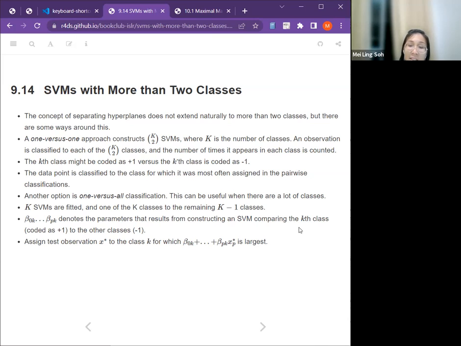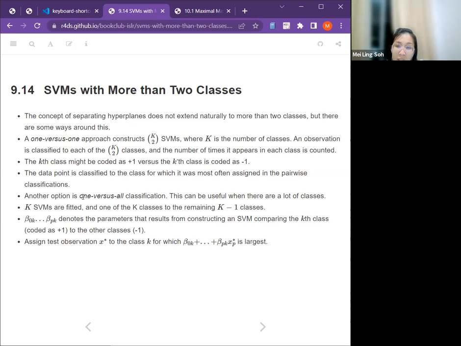K is your number of classes, how many classes you have. All your observations will be classified in each of these combinations of K classes taken two at a time. Previously, when we had binary classes, we classified into either +1 or -1. They say when you have K classes, we can code one class as +1 and the other class as -1.